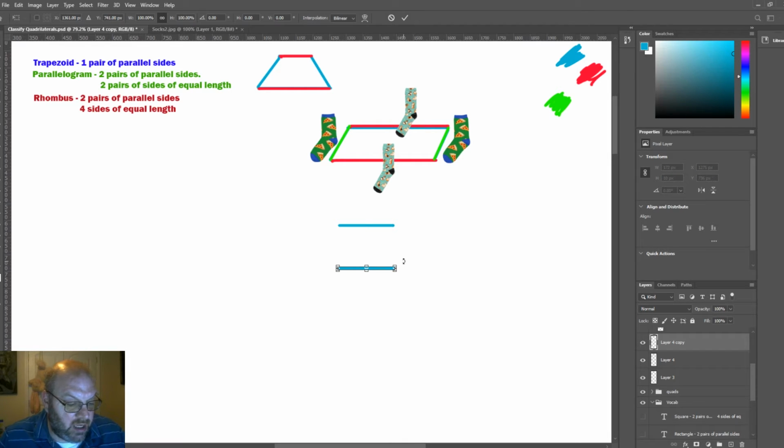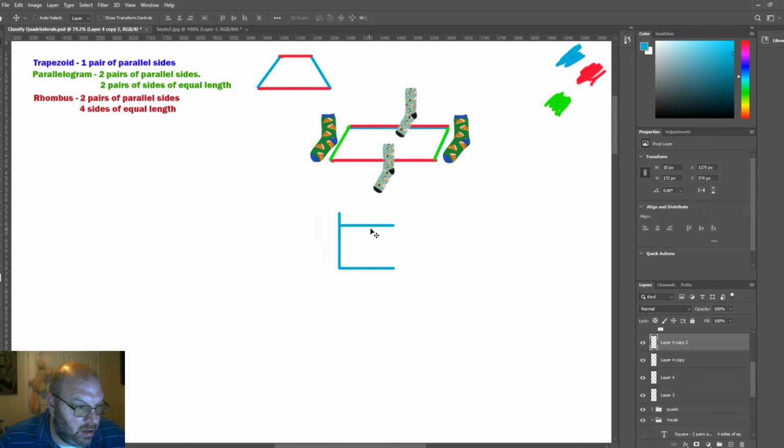So let me try to get this as equal as possible. There. Okay? But that's a square, right?